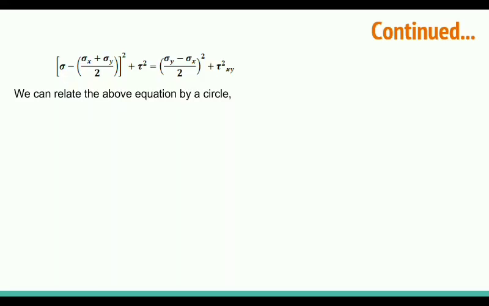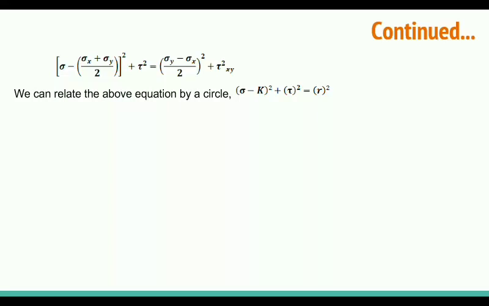So how can we relate? We can write sigma minus k whole square plus tau square is equal to r square, where the variables are sigma and tau, r is the radius of the circle, and the center is k comma 0. Means the x coordinate is k and the y coordinate is 0.